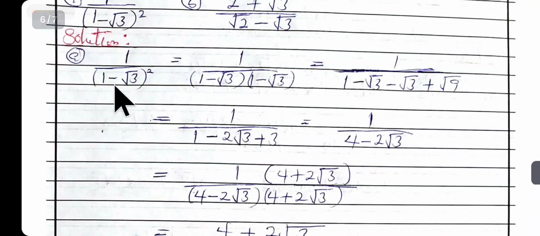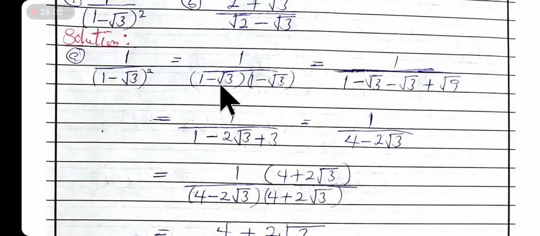So 1 all over 1 minus root 3 all squared is equals to, we have to expand this. Okay, this is 2 brackets, we have to expand this. This is 1 all over 1 minus root 3 and then 1 minus root 3. So by the time you open this bracket, 1 times 1 is 1, minus root 3 times 1 is minus root 3.